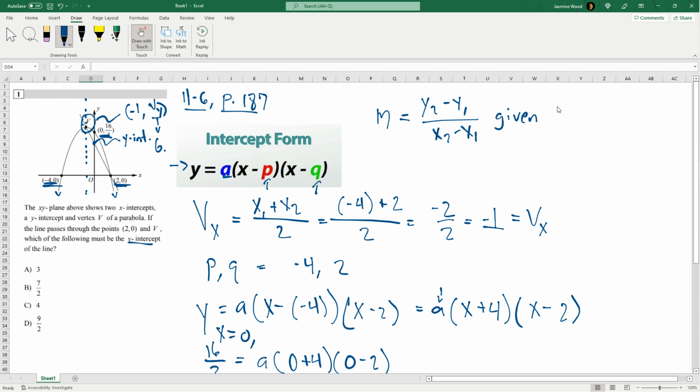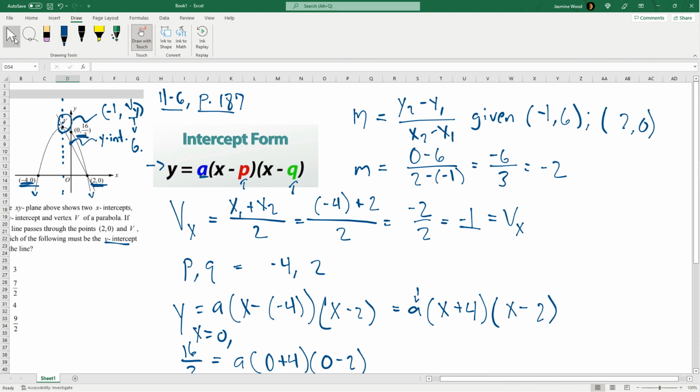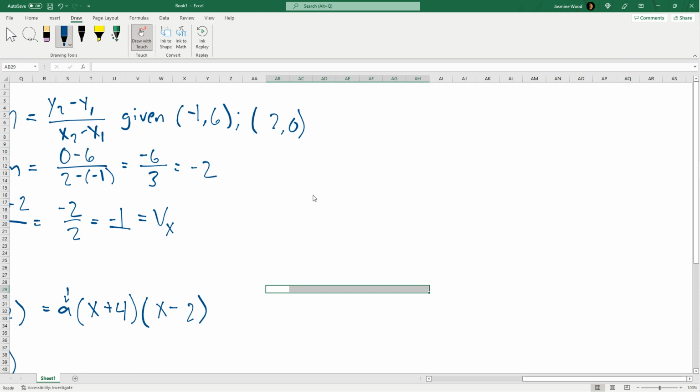So we have the points negative 1 comma 6 and 2 comma 0. So m is going to be 0 minus 6 over 2 minus negative 1. So we have negative 6 over 3, which is just negative 2, which makes sense because it's decreasing as x increases, so it should be a negative slope.